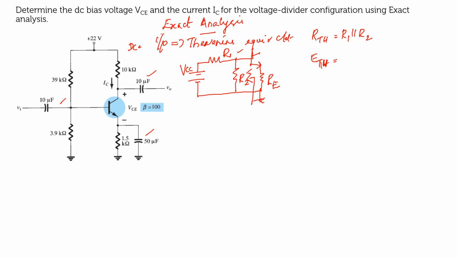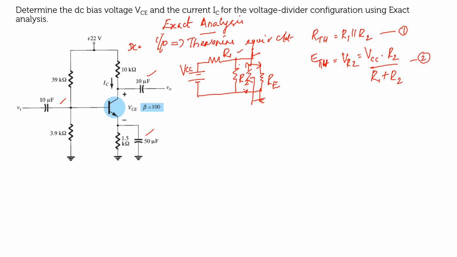ETH is equal to VR2, right? The voltage across the resistor R2, for which you can apply the voltage division rule. So the source voltage VCC into R2 divided by R1 plus R2. This will be your equation 1, and this will be your equation 2.